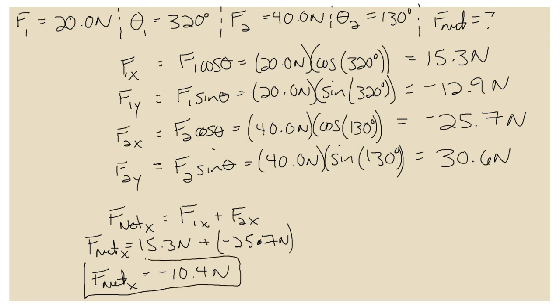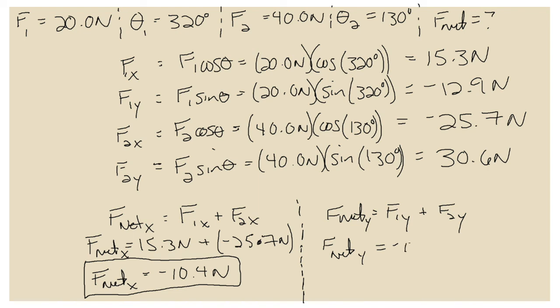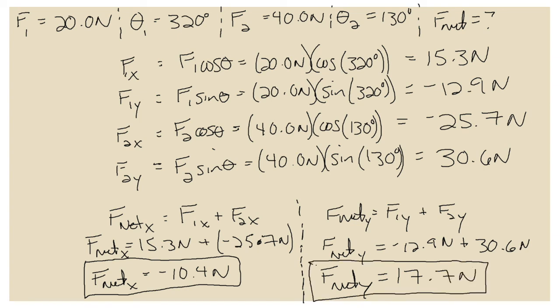Notice that makes sense because the vector with the x component that was negative is bigger. And then F net y, of course, is F1y plus F2y. And so that is negative 12.9 newtons plus 30.6 newtons. And that will give you a y component of your net force equal to 17.7 newtons. And those are the components of our resultant.